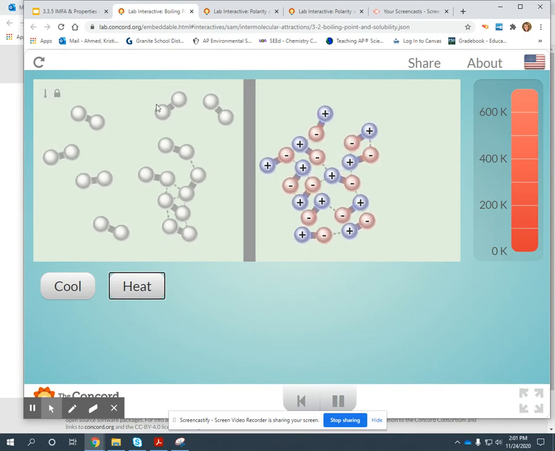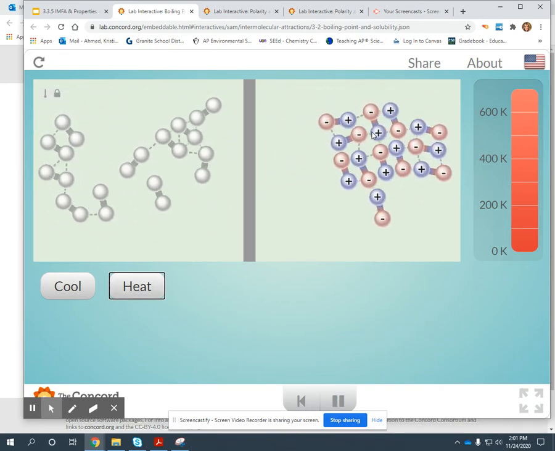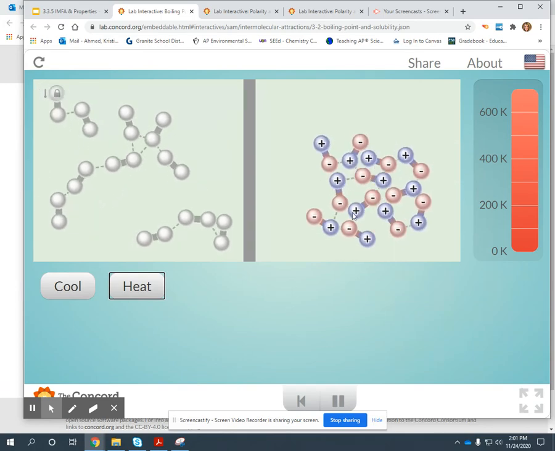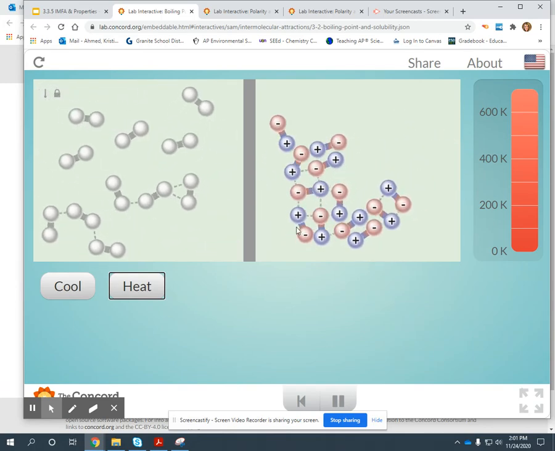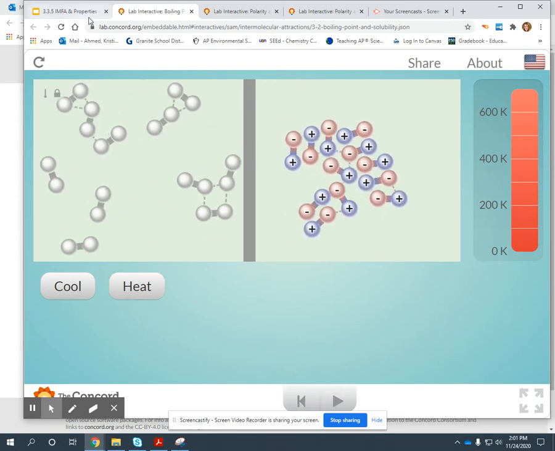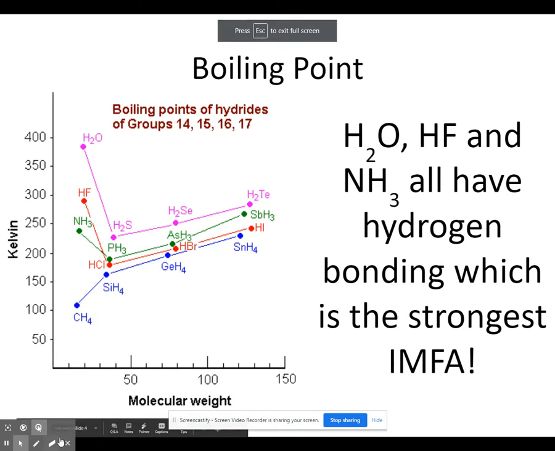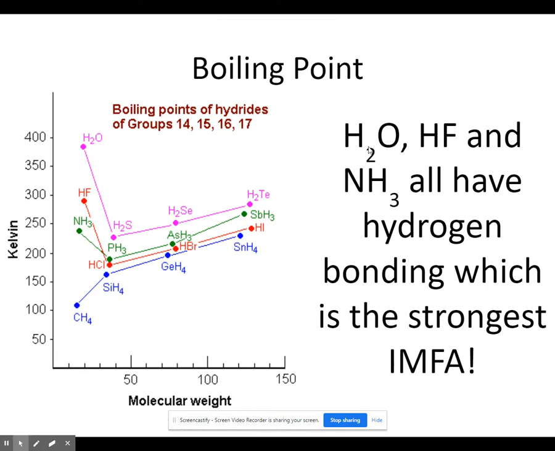Well, you can see that our nonpolar substances are becoming a gas. Our polar substances still stick together. It requires more energy to break these bonds. So because hydrogen fluoride, water, and ammonia all have hydrogen bonding, which is the strongest intermolecular force of attraction, that's the reason why their boiling points are so high.